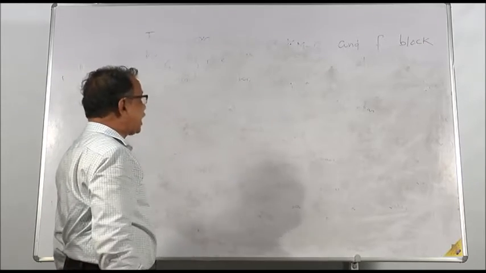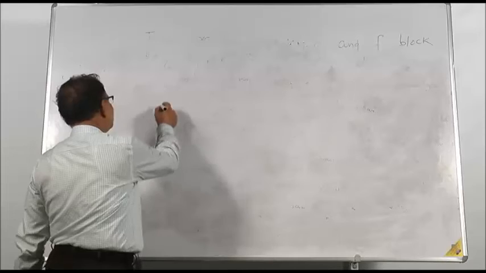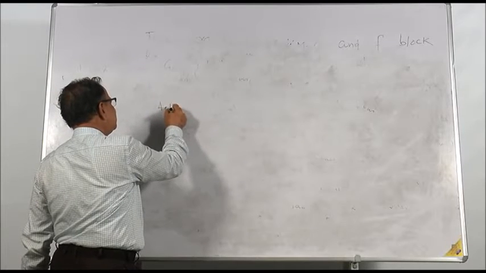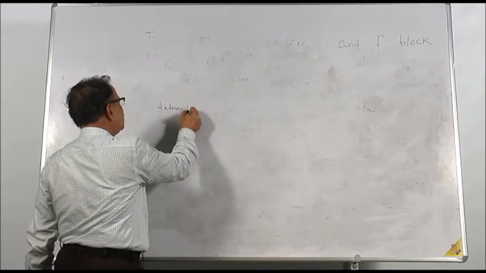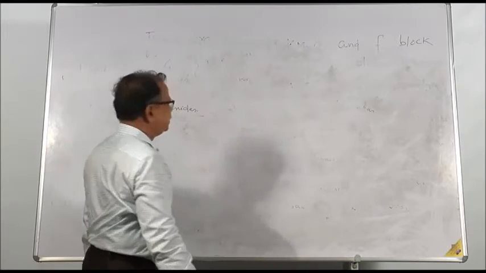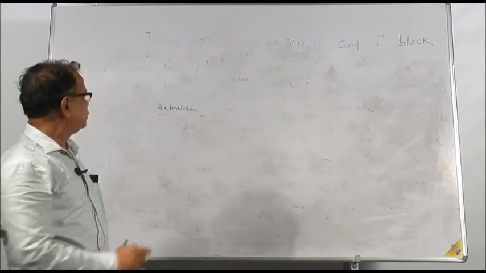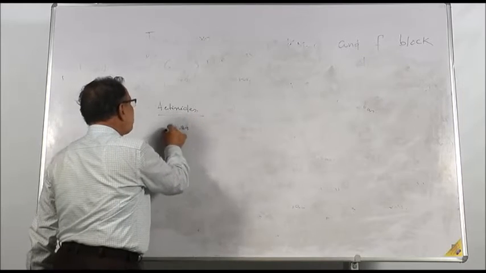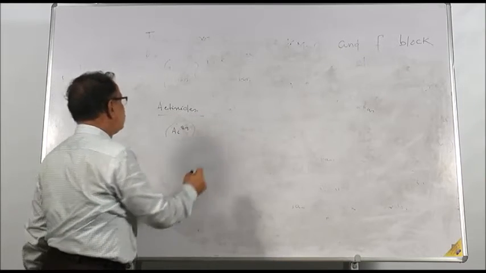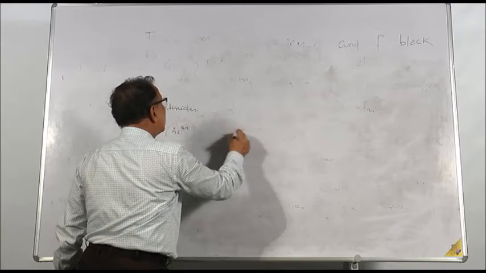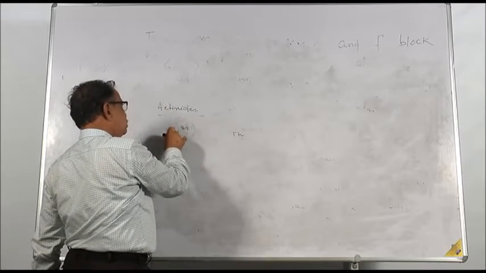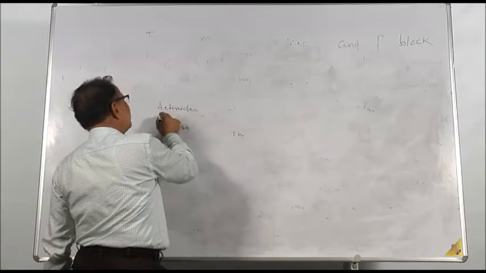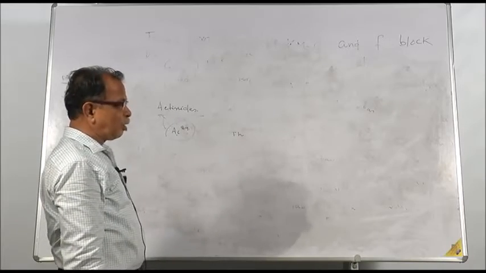Now these are about lanthanides. Now look at the actinides. The elements coming after actinium 89, after actinium the element that came is thorium. The elements coming after actinium are called actinides, just as those after lanthanum are called lanthanides.